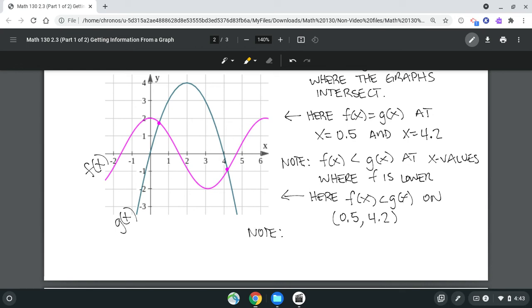And then note f of x is greater than or equal to g of x at x values where f of x is greater than or equal to g of x. Let's just say this, where f is higher.